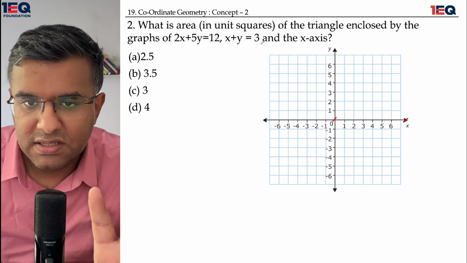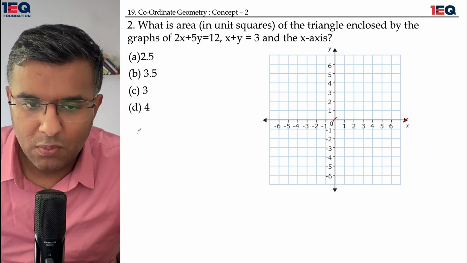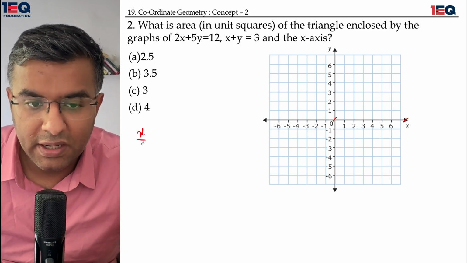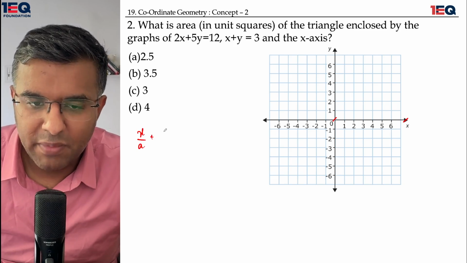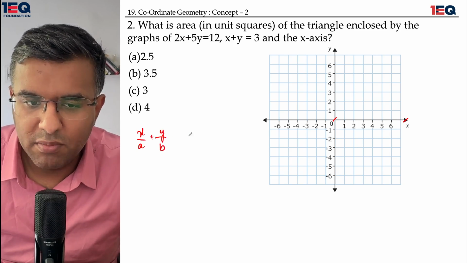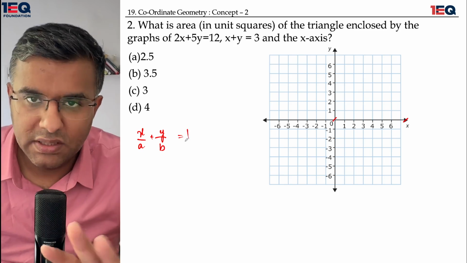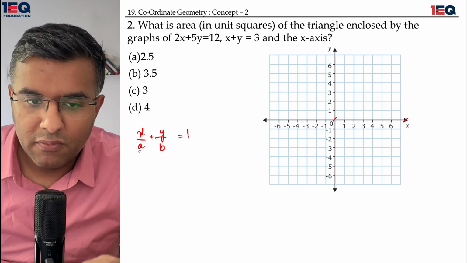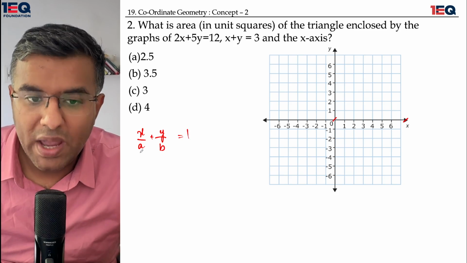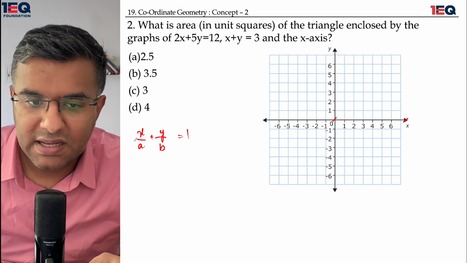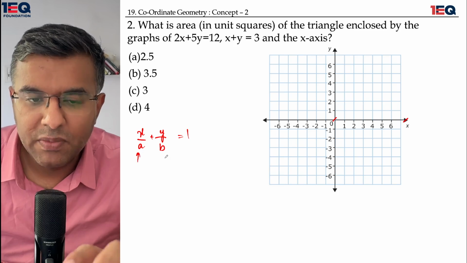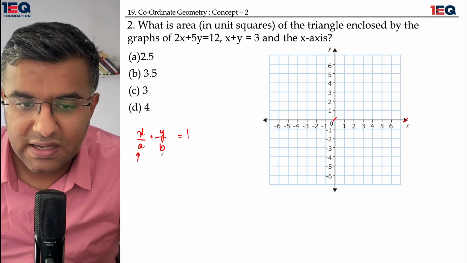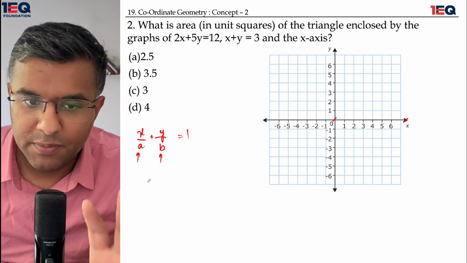Talking about these 2 lines, we want the line to be in intercept form. So x by a plus y by b is equal to 1. This is going to be the intercept form. From this, we can find out where the line touches the x-axis through the x-intercept and where the line touches the y-axis through the y-intercept.